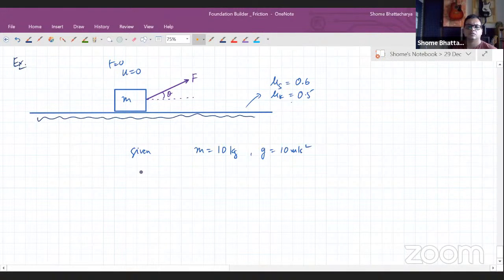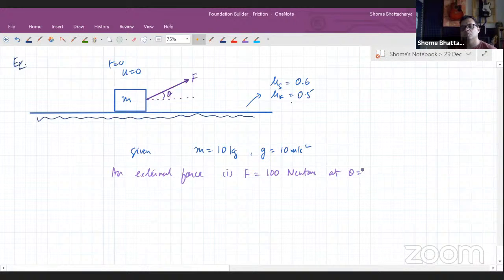Now an external force of F equal to, let's assume the force to be 100 newtons, acting at an angle of 37 degrees is applied.